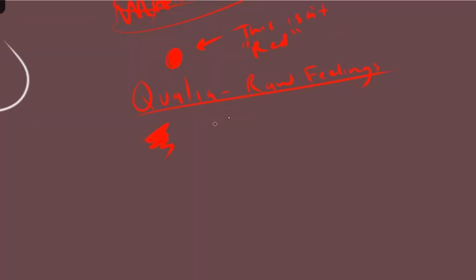If you have an argument with your friend saying that this isn't red, and they're telling you that this is red, that this is wrong, and that is right. Let's do that. Very good. When they do this, it's that their natural feel, their raw feeling is telling them that this is correct.